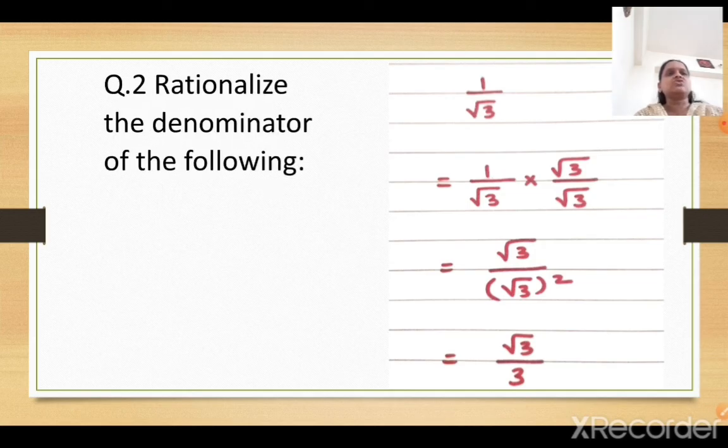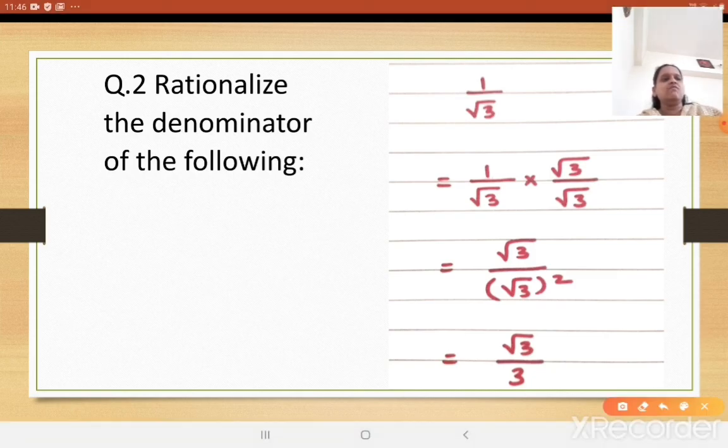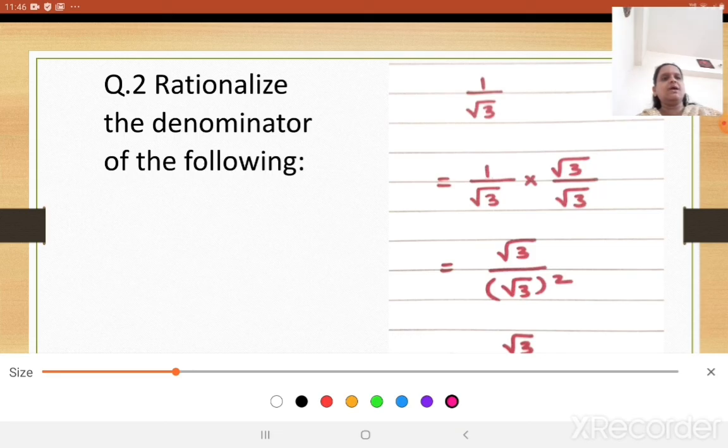Yes. So we have done one concept as what? Rationalize the denominator of the following. Here the first sum I have taken is 1 upon root 3. I want to make the denominator a rational number. Only the denominator; the numerator can be anything. How to solve the sum? So 1 upon root 3, as the denominator is root 3, what will we do? We will multiply numerator and denominator by root 3.